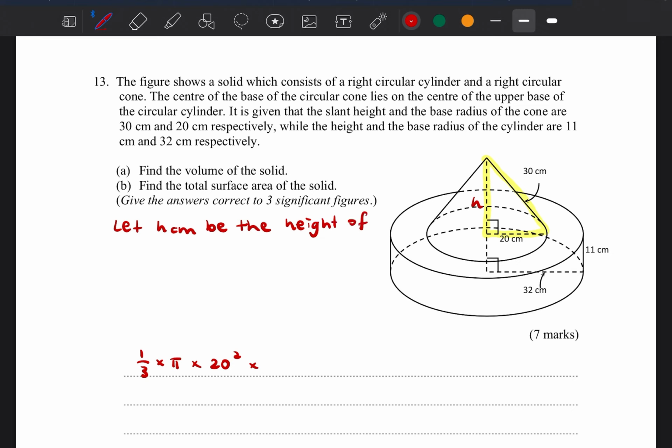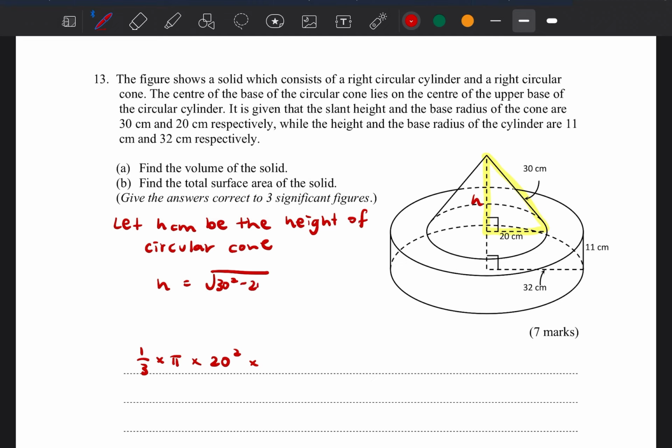Make sure you write this sentence: if you want to let the unknown, tell me which unknown you're talking about. So h equals the square root of 30 squared minus 20 squared. Keep it as this, because this is not the final answer. Do not try to round off your values.